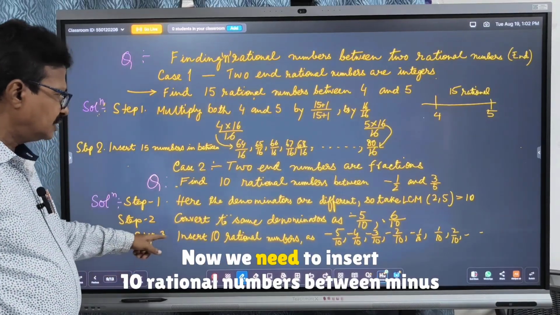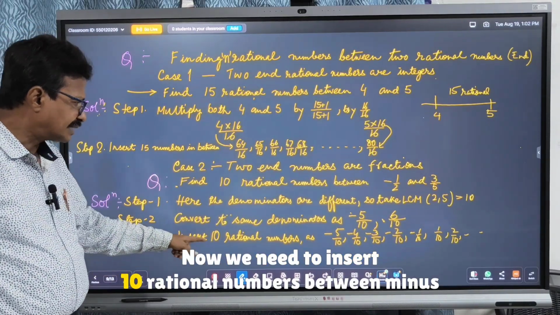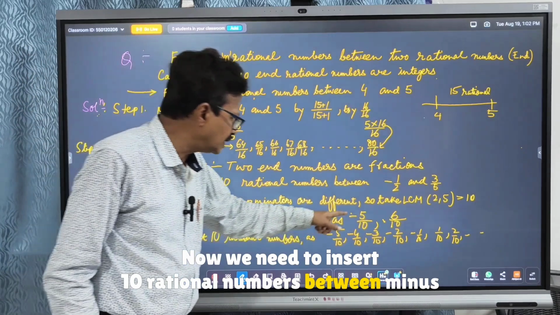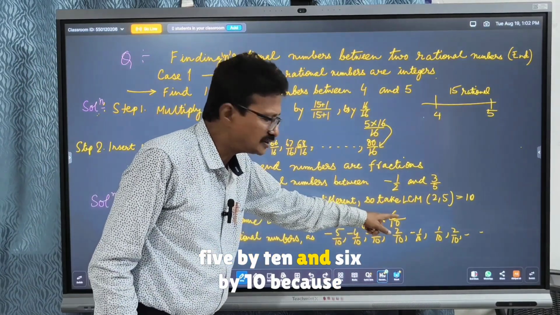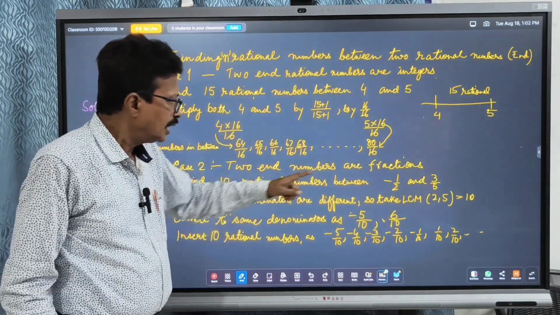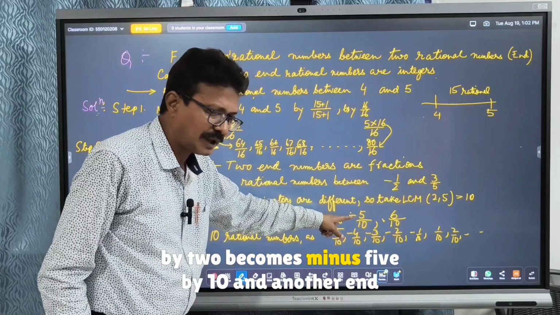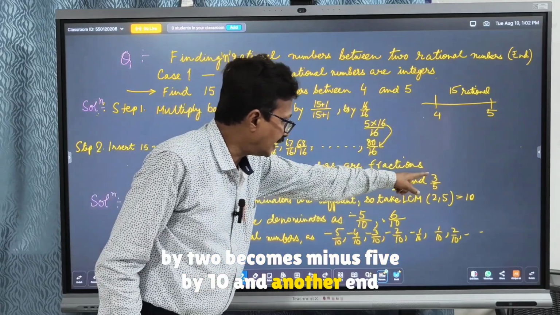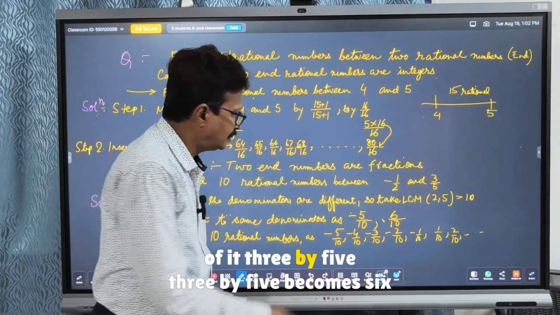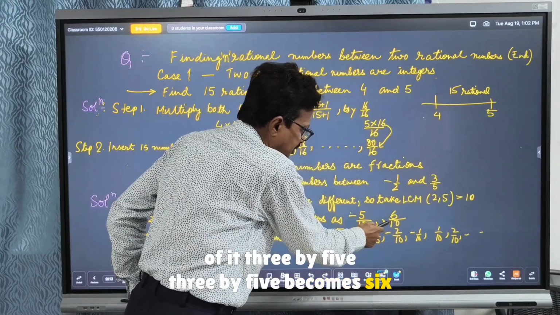Now we need to insert 10 rational numbers between minus 5 by 10 and 6 by 10, because minus 1 by 2 becomes minus 5 by 10 and the other end limit 3 by 5 becomes 6 by 10.